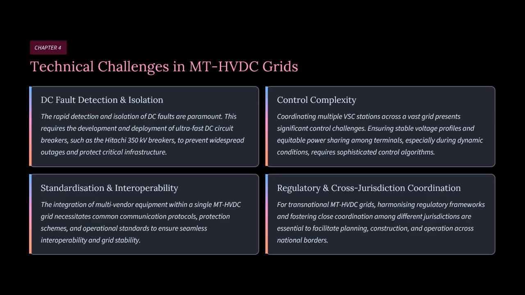The standardization of interoperability: the integration of multi-vendor equipment within a single multi-terminal HVDC grid requires common communication protocols, protection schemes, and operational standards that ensure seamless interoperability and grid stability.